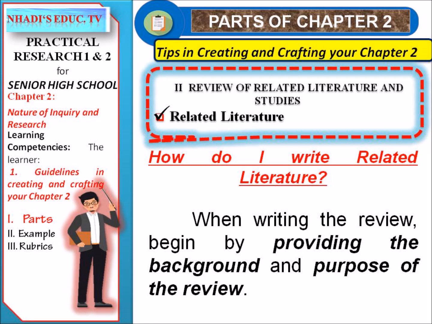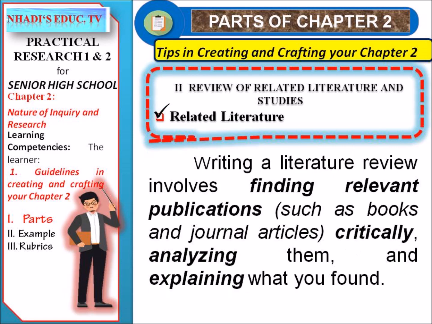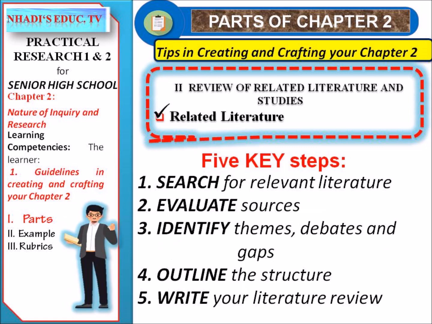How do I write related literature? When writing the review, begin by providing the background and purpose of the review. Writing a literature review involves finding relevant publications, such as books and journal articles, critically analyzing them, and explaining what you found. There are 5 key steps.